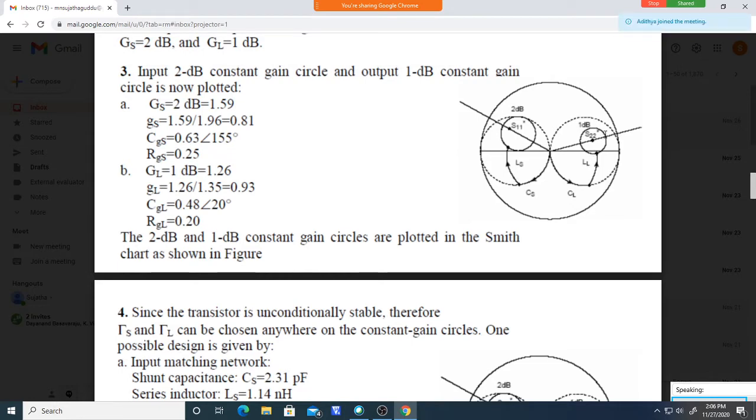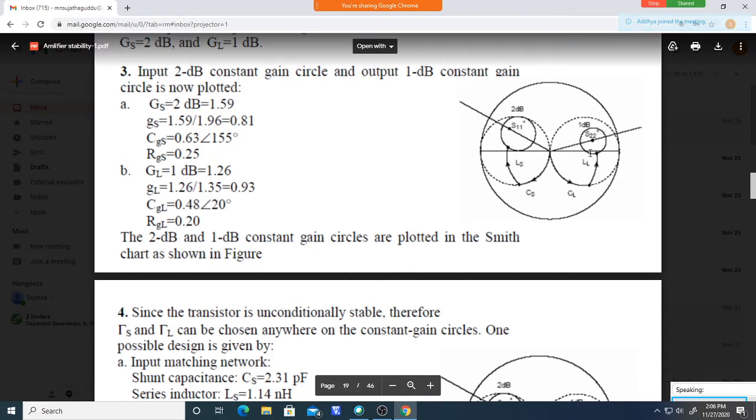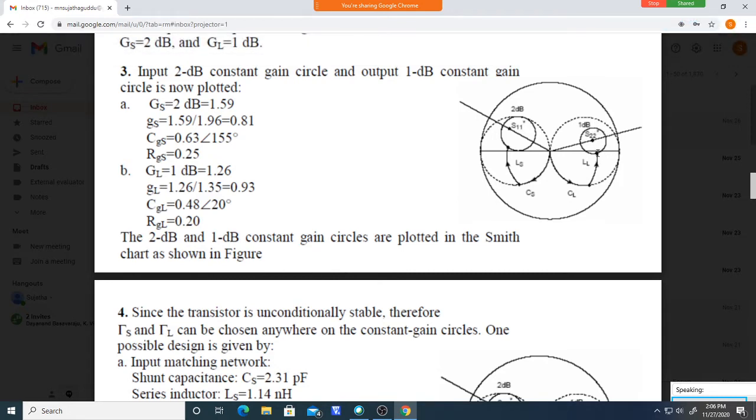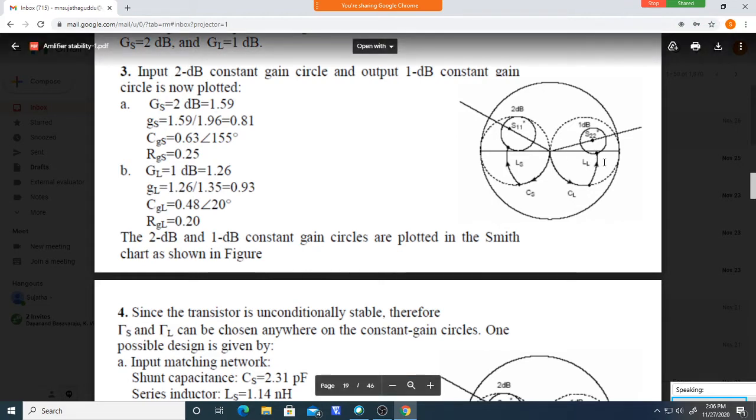Over this you can take any one impedance value. Like this, they have taken one impedance value here, and we have to realize this input impedance by designing the matching network. Similarly, 2 dB.